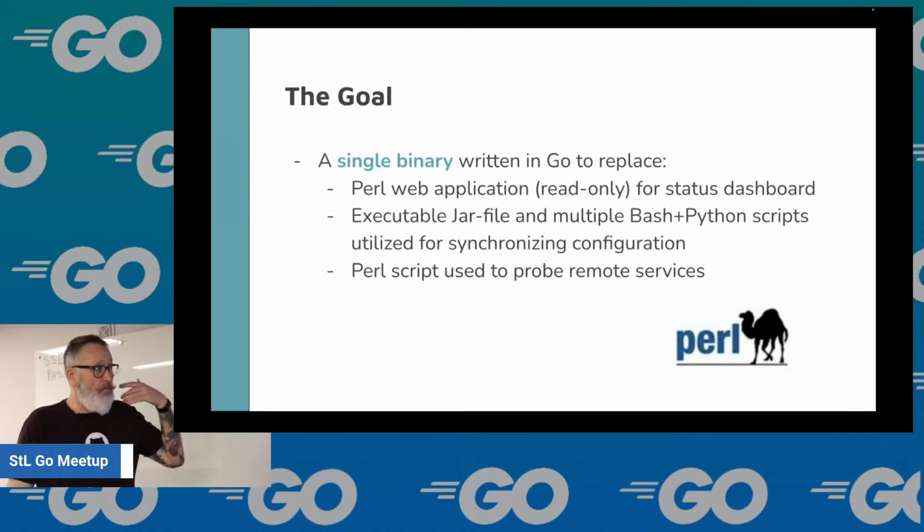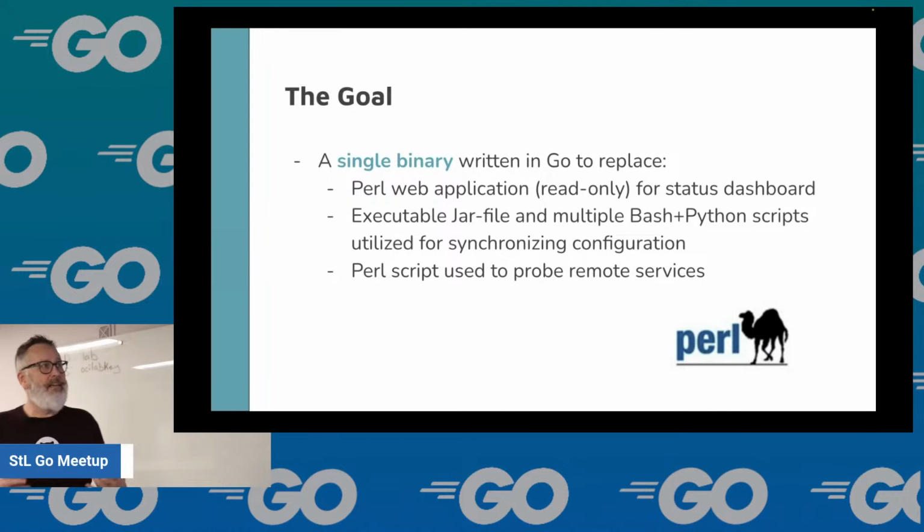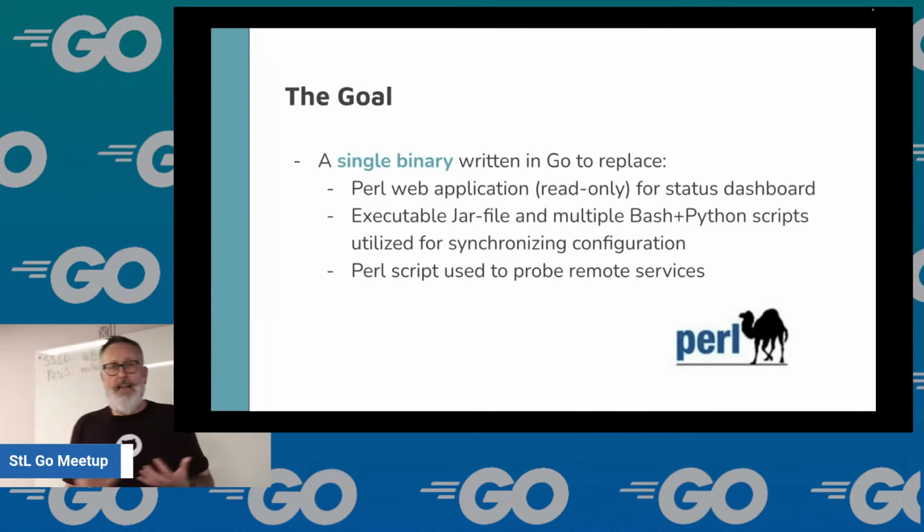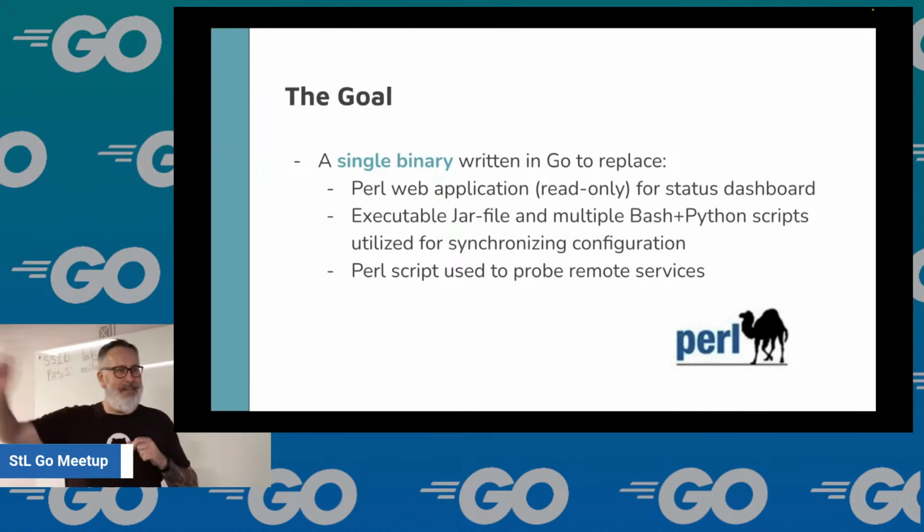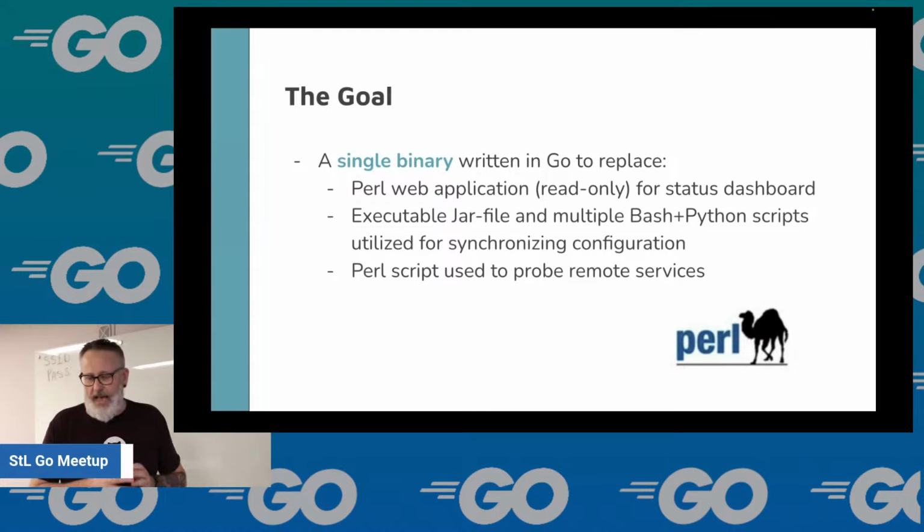The way it is right now, it's multiple pieces. I wanted to take all these different pieces, the 3 listed here, and combine them into a single binary that could be deployed. That would provide the application server, so you could run it from your terminal and start up a web server that connects to the remote database, and then you can see the status of everything.